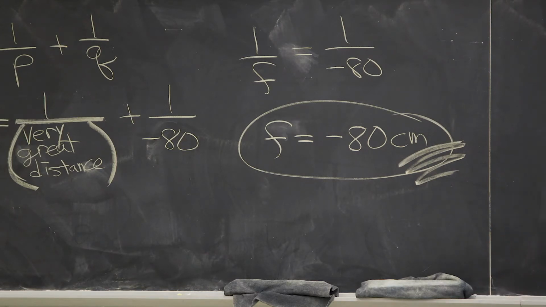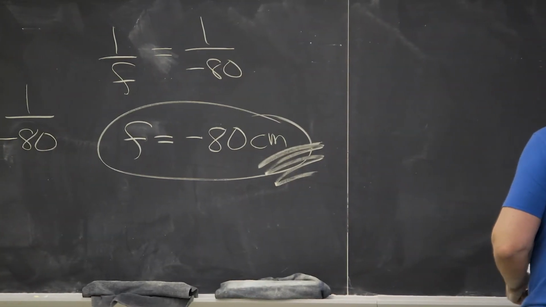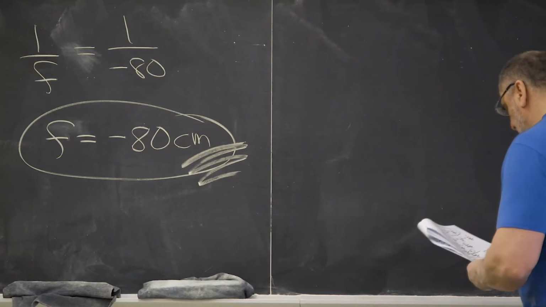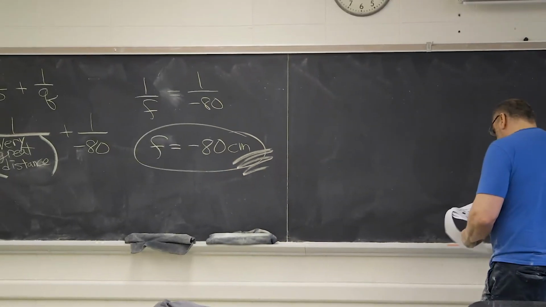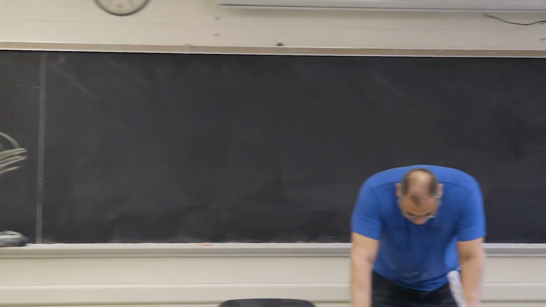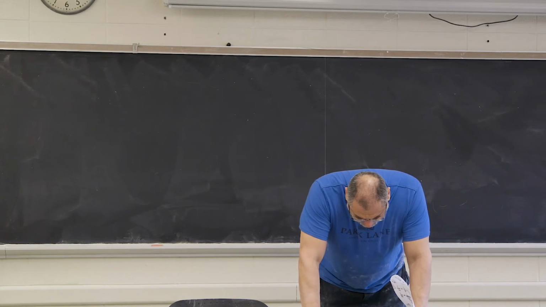So for the near point, you're essentially saying we've got the focal length there. Let me ask the question one more time. At what minimum distance is he able to see objects clearly?